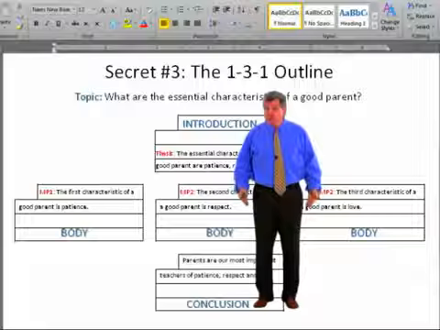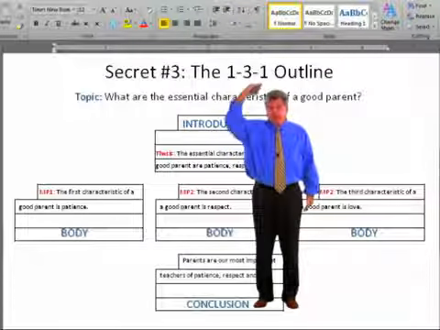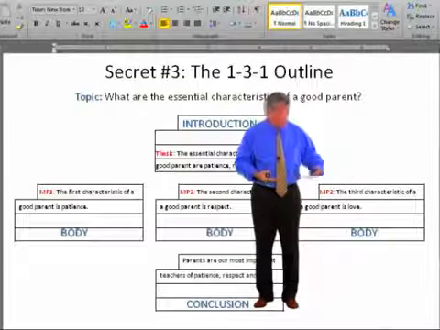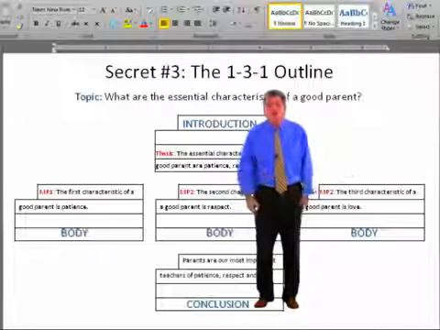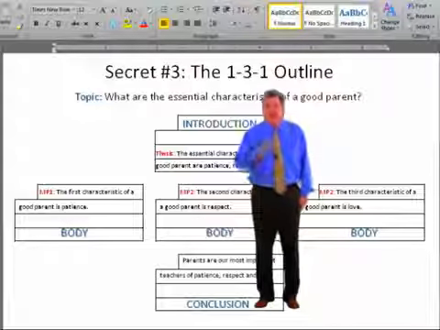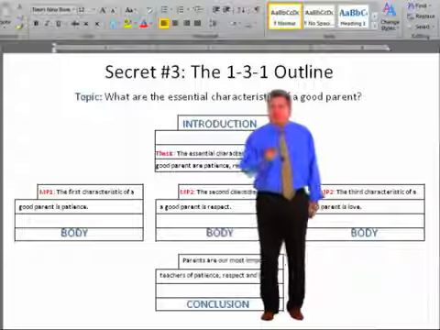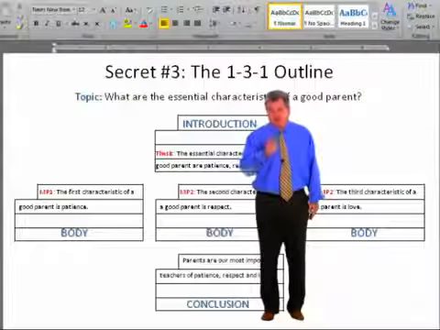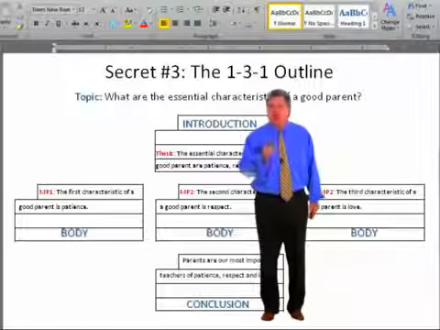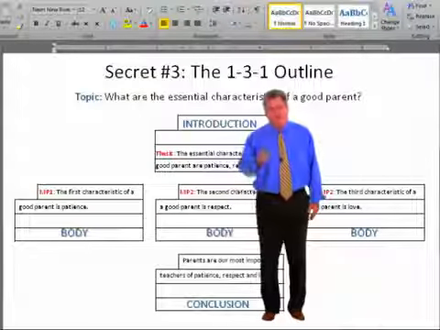And once you've got that outline, and once you've got the thesis statement stated in the introduction, you've got your three main points and your three body paragraphs, all you've got to do is fill it in with your intelligence, your words, your thoughts, your opinions. Follow those three formulas and you'll be producing a good, tight, organized essay. Okay, good luck on them, and I'll talk to you later.